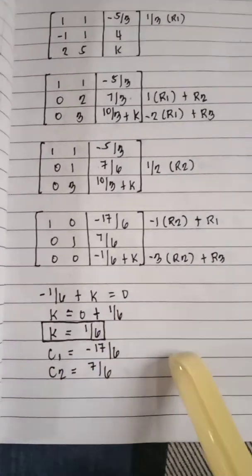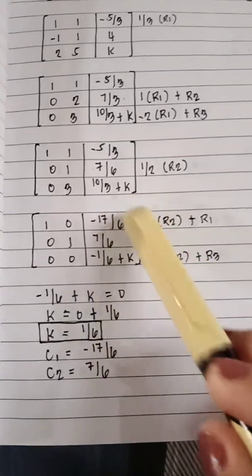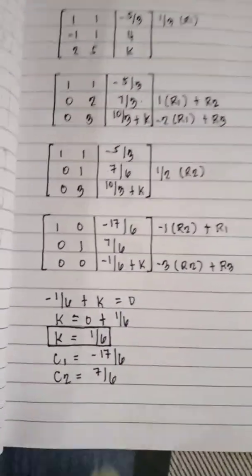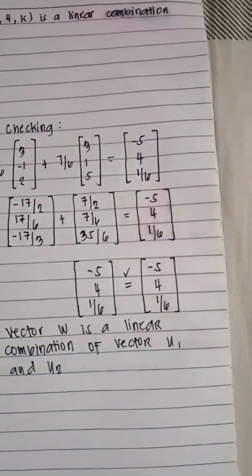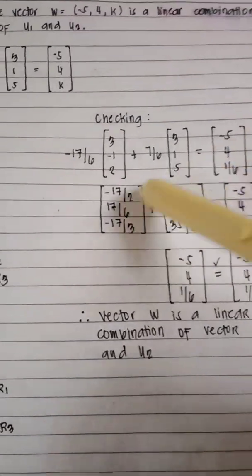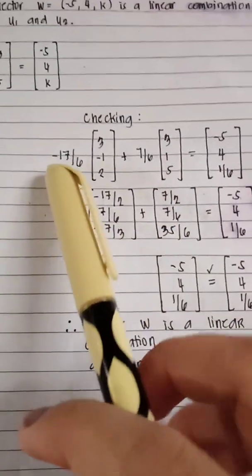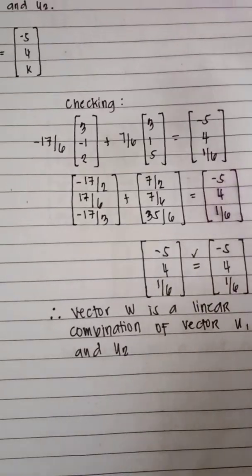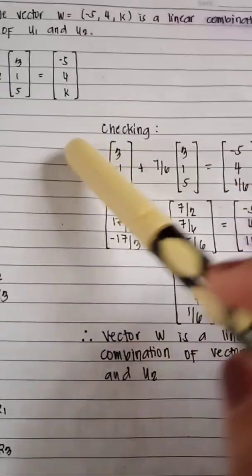So our c1 is negative 17/6 and our c2 is 7/6. We will proceed to checking. We will just substitute.